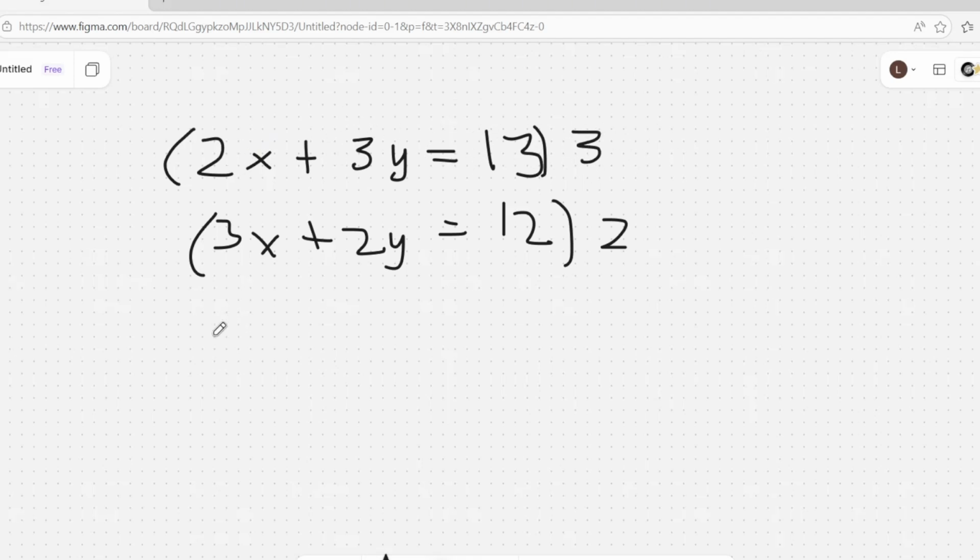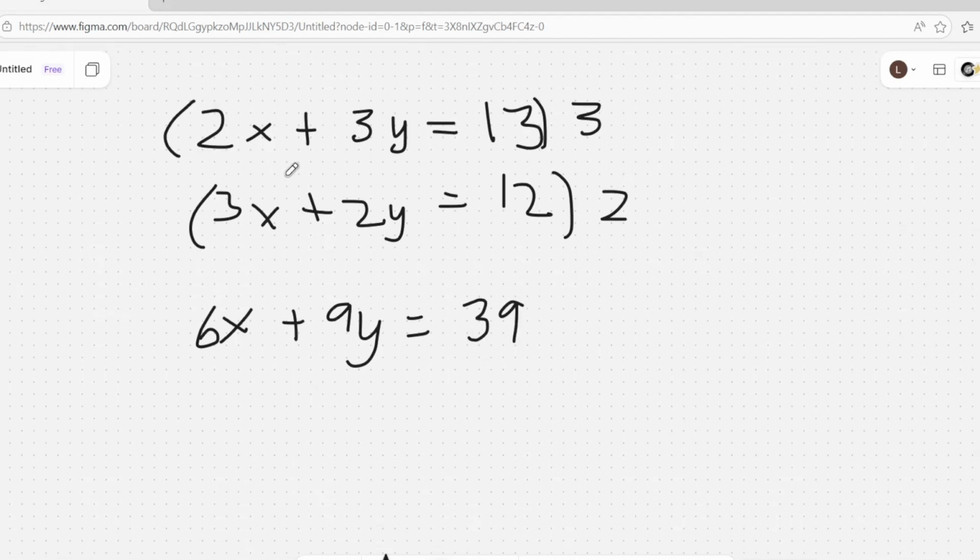So 3 times 2x is 6x plus 3 times 3 is 9y, equal to 13 times 3 is 39. And our second equation: 3 times 2 is 6x plus 2y times 2 is 4y, and 12 times 2 is 24.